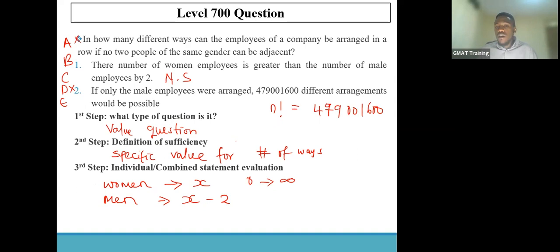So from this, we can deduce the number of male employees, because if you're able to find this value whose factorial is 479 million 1,600, then we can actually get the number of male employees.